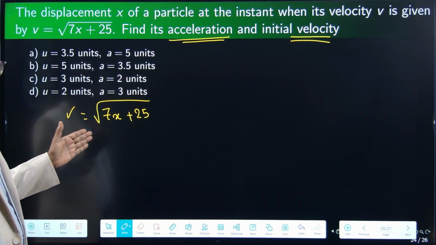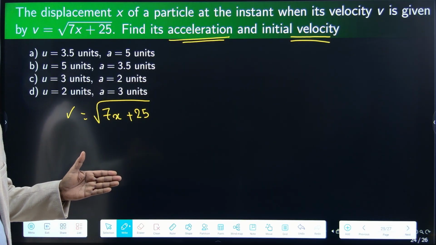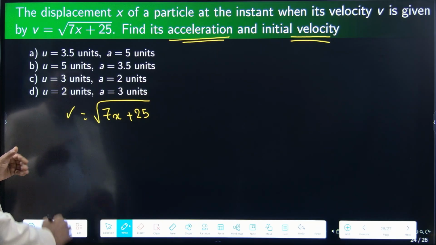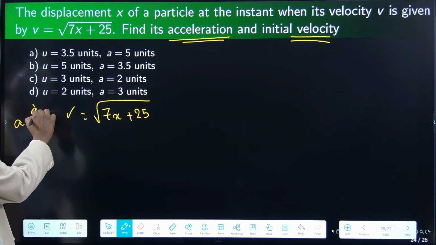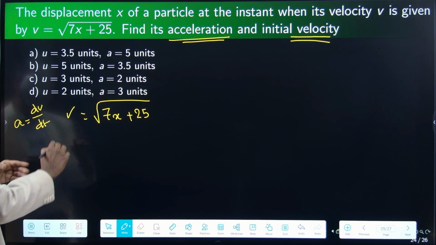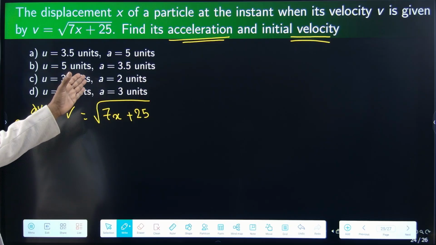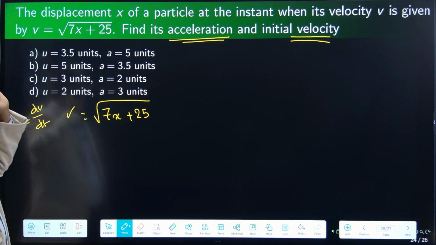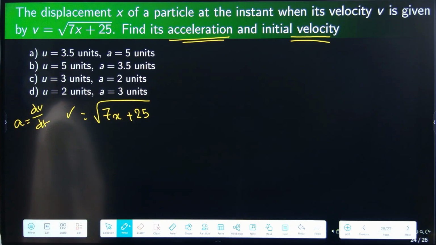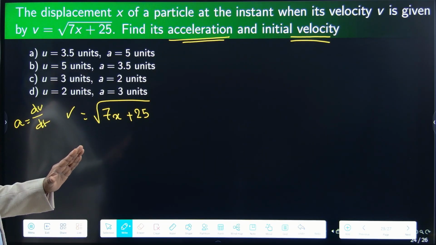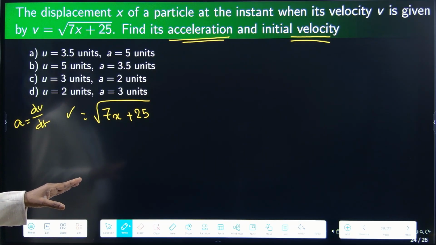So v is given, a is equal to dv by dt. If we use this formula, differentiate it, we will get acceleration. But initial velocity is also asked, u, right? So if we differentiate it, we will get acceleration only. Initial velocity, how to find initial velocity, right?